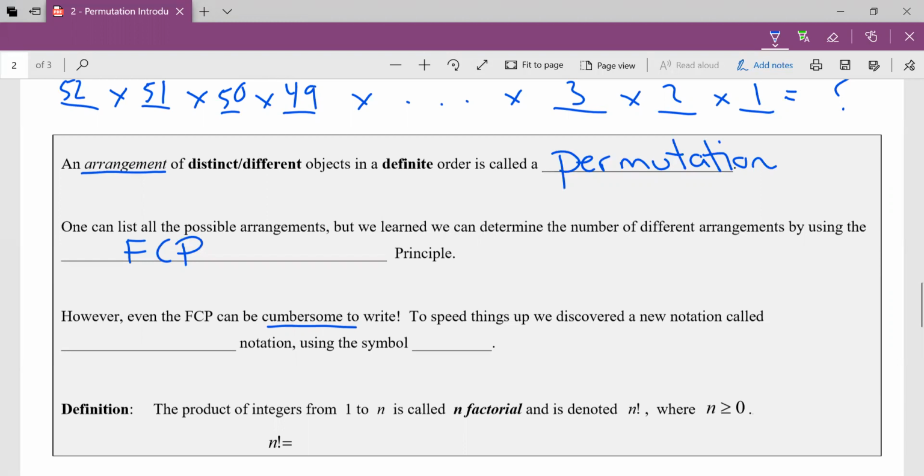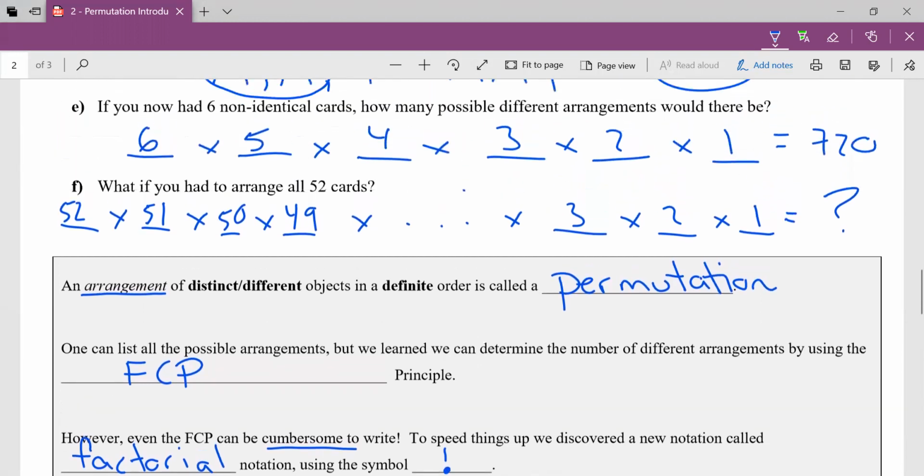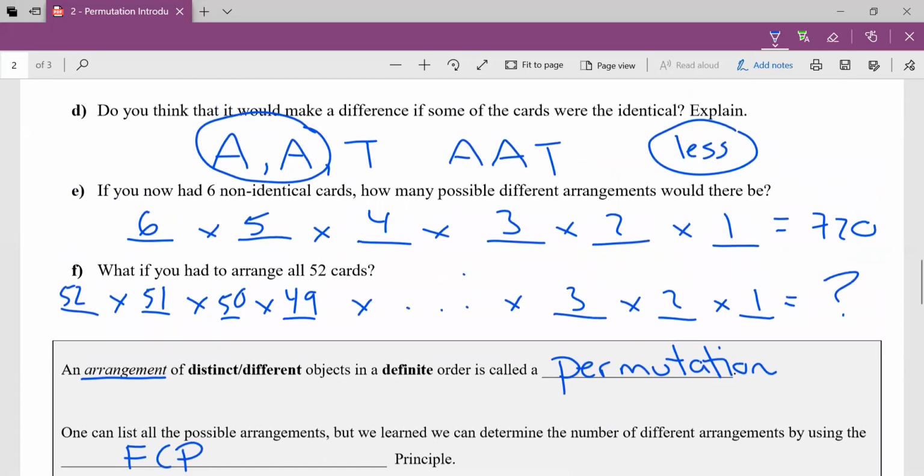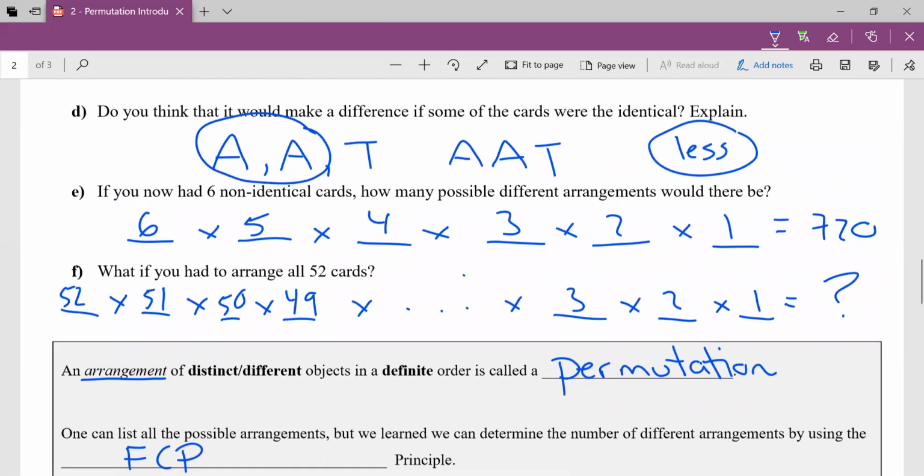So to write this in a better way, we're going to use something called a factorial. Okay, and it looks like an exclamation mark. I'm going to show you how this works. So let's go back up to the question. How many ways could we put these 6 cards in a row?